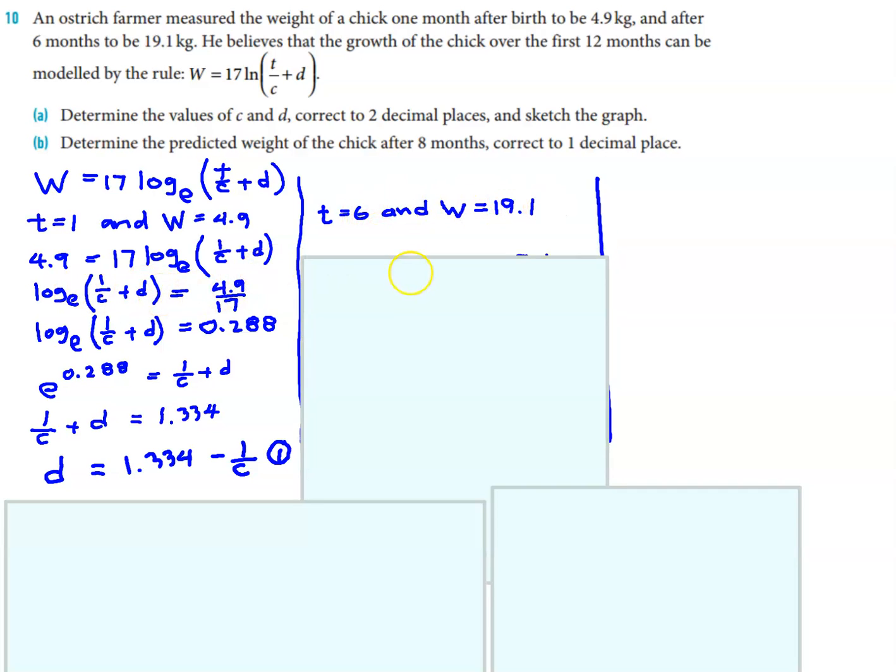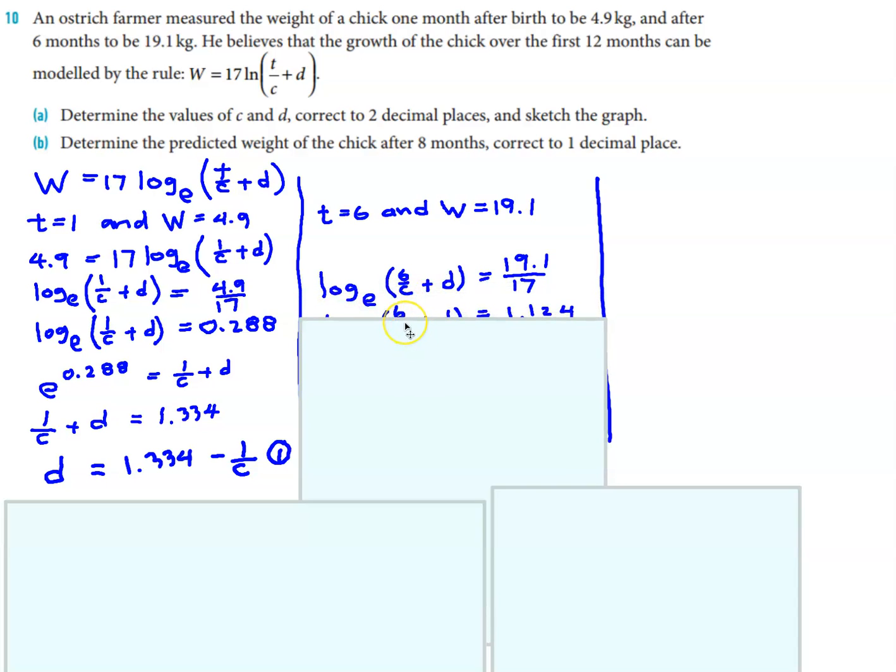Instead of 1 over c, it's 6 over c, and instead of 4.9 over 17, it's 19.1 over 17. So same equation, just different values. Once again, I turned that into a decimal, and once again I wrote that as an exponential function, like so.